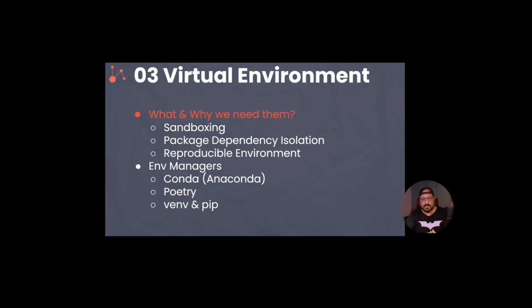So in a certain project, you might be using package A, which depends upon package B's version 2, right? And in another project, with the latest version, you have installed packages A and B, and the dependency is such that package A depends upon package B's version 3. Now, if you have a virtual environment, it's possible to do this kind of segregation so that package dependency can be maintained.